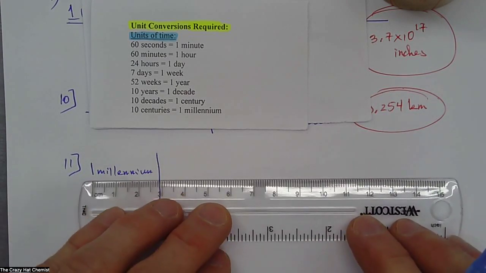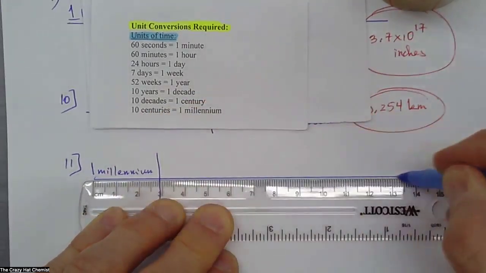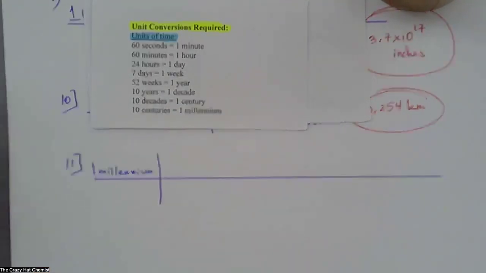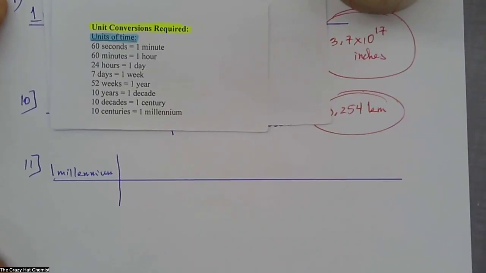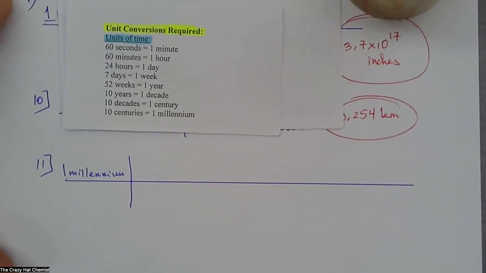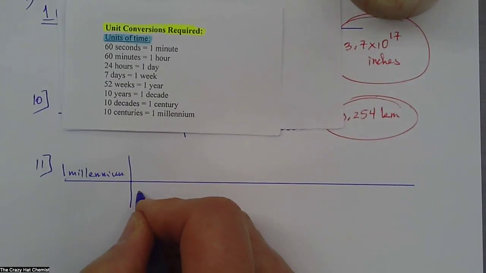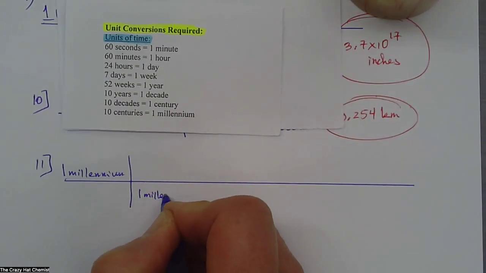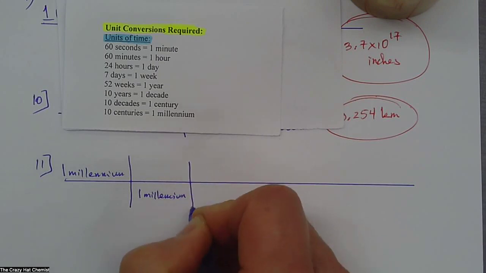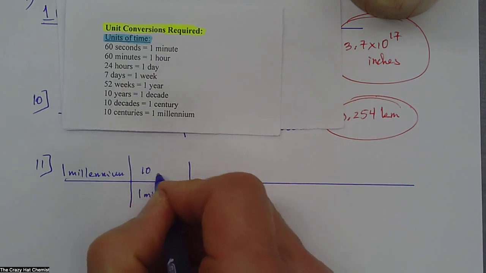So let's see if I can fit this in this space here that we have. All right, let's see if we can do this. Let's see if we can fit this on a sheet of paper. Okay, so we want seconds from millennium, so we're going to go through this entire piece of paper here effectively. 1 millennium is equal to 10 centuries.